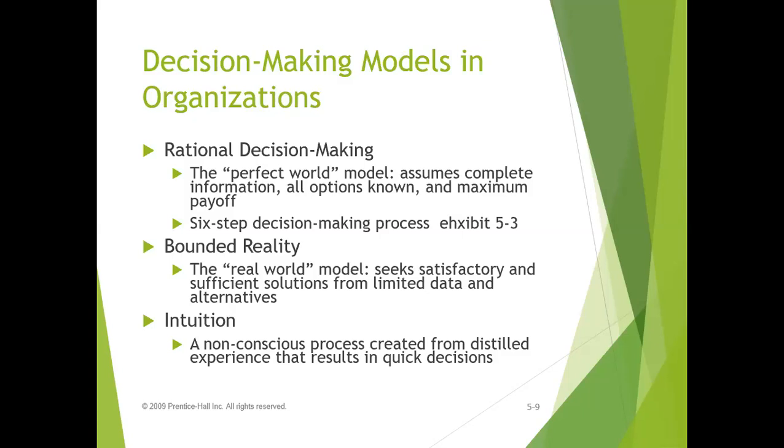A satisficing answer is acceptable, but not necessarily optimal. Optimal means you can achieve what is currently available to the organization. You can maximize that availability, or you can take the maximum benefit from that specific limited data and alternatives available to you.